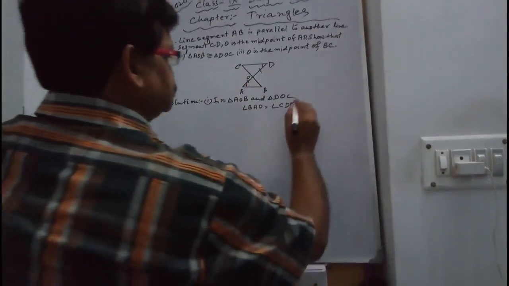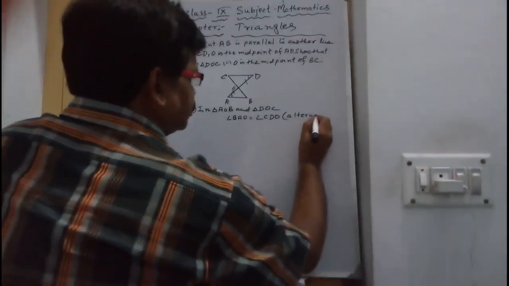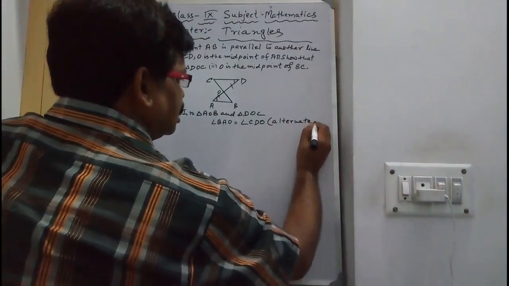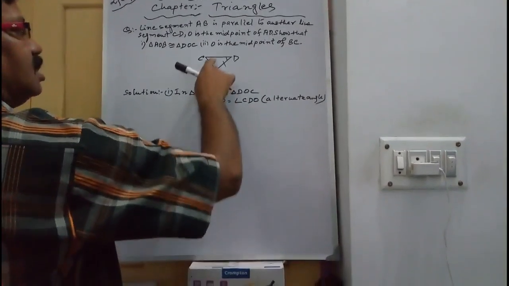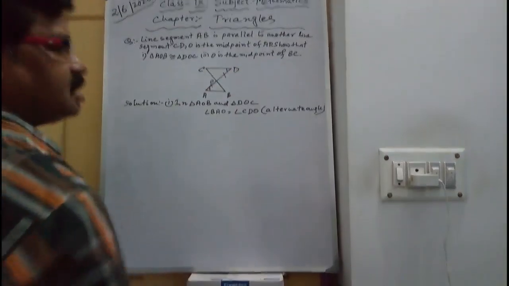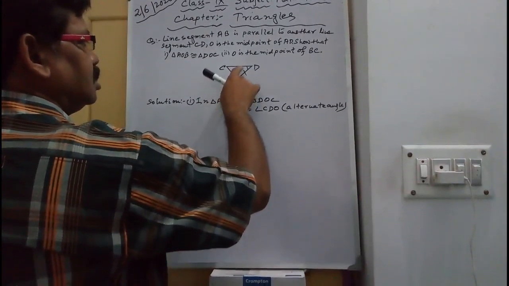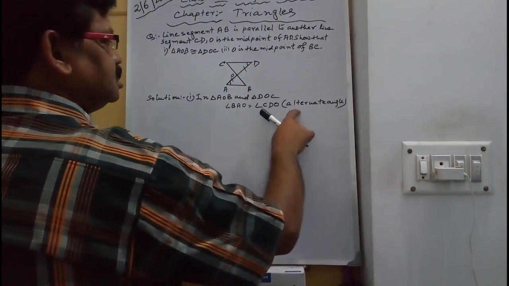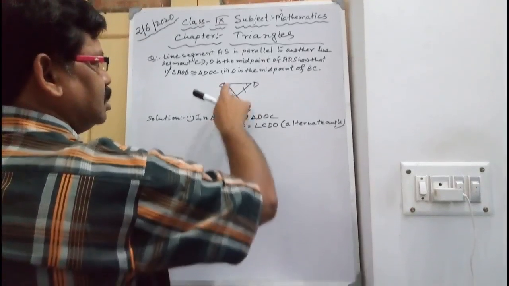This one is alternate angle. AB is parallel to CD, AD is the transversal line. Therefore, this angle is equal to that one, that means alternate angles. That is, BAO equal to CDO.